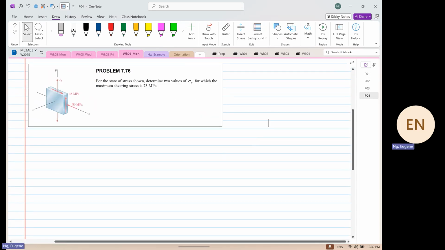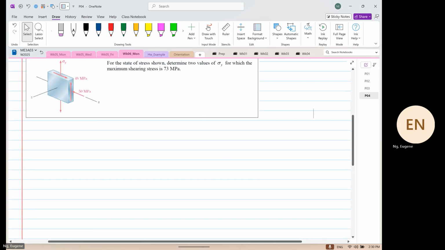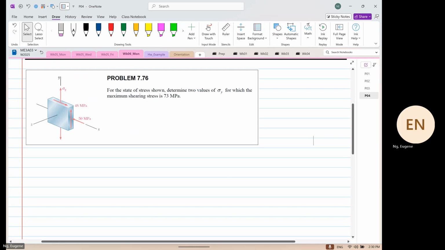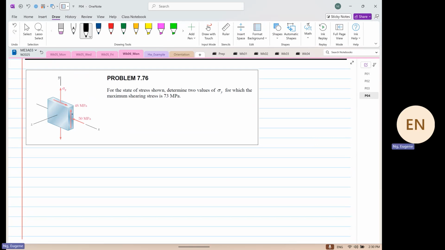Okay. So as you can see, you have this image. I'm going to label this, like before, as our point X, point Y, and point Z. What is given to us is we know that stress X is at minus 50 MPa.